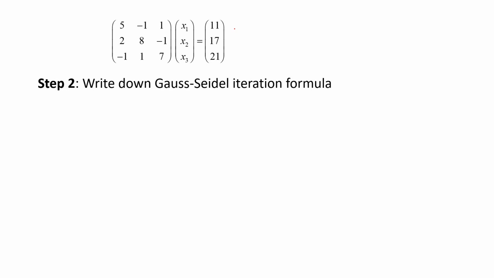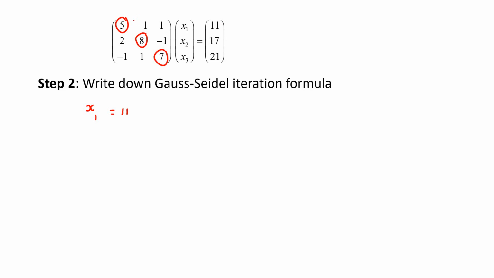So this is the system after we swap the rows to make it diagonally dominant. Now write down the Gauss-Seidel iteration formula. You write down x1 like this, from the latest system after sorting the rows.